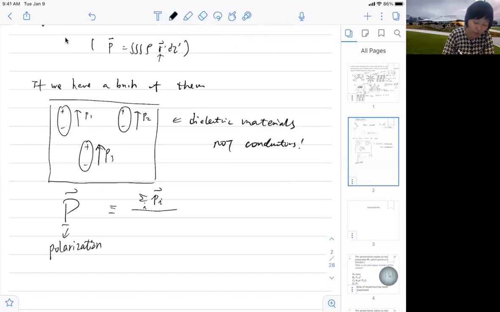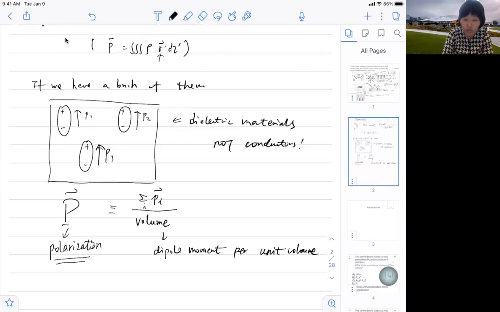We add all of them up and divide by the volume. So this will tell us the dipole moment of this material per volume. That's the definition of the polarization of the material. So it is the dipole moment per unit volume. Okay. All right.